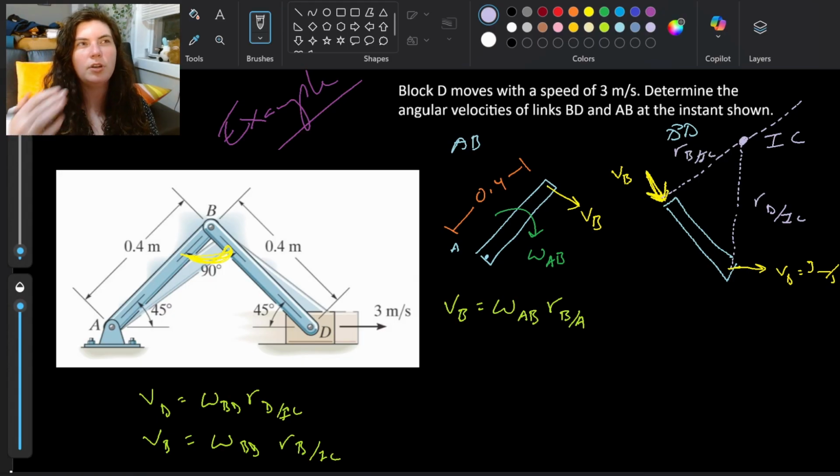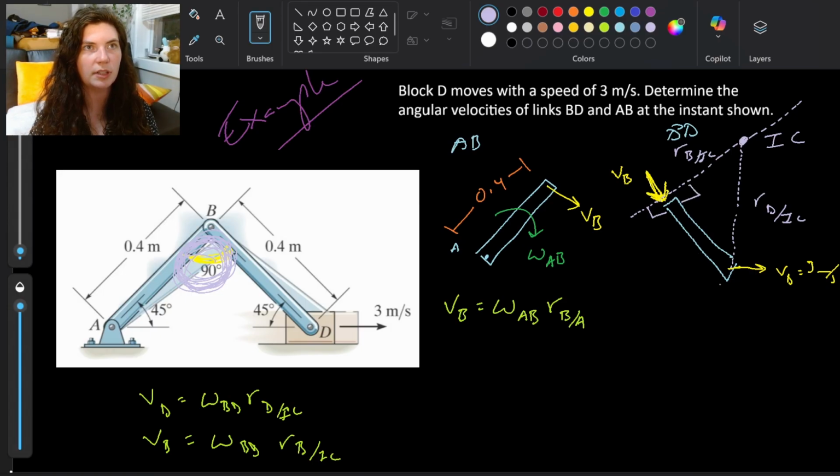If I start putting together my angles, notice that since we have this 90-degree angle here as indicated in our drawing over here, we're also going to have a 90-degree angle here.